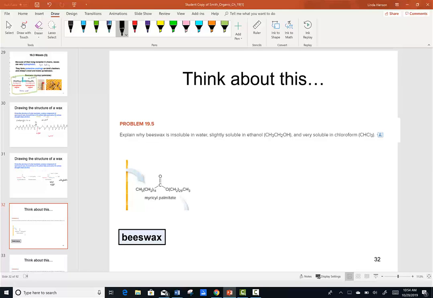Let's explain why. Well, first of all, let's remember that our general rule of solubility is likes dissolve likes. So we understand that beeswax is a very non-polar molecule by far, with these incredibly long carbon chains.